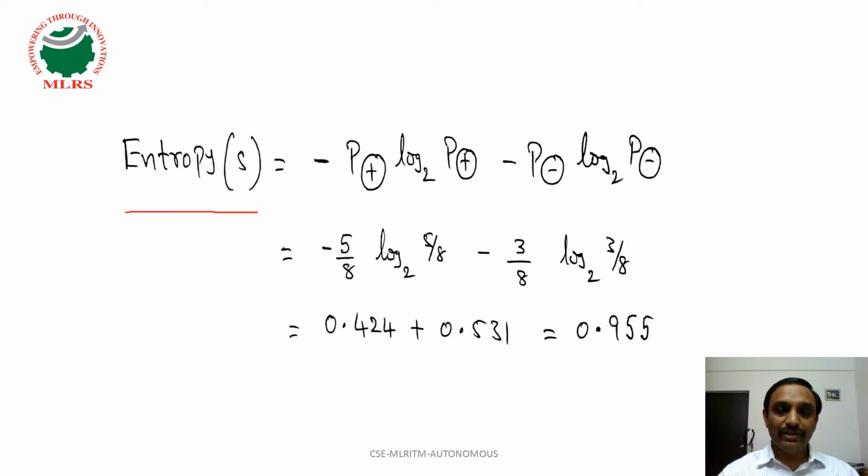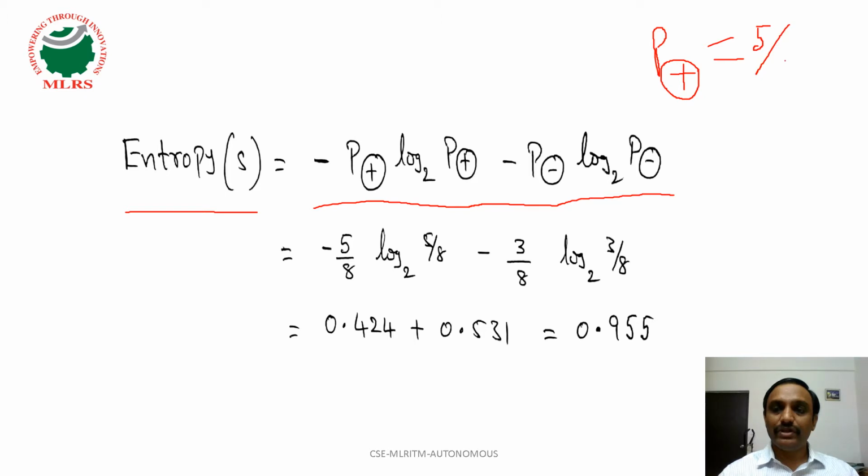So what is the formula for that? Minus P plus log base 2 of P plus, minus P minus log base 2 of P minus. What are P plus and P minus? P plus is the positive examples divided by the total number of examples in the truth table.